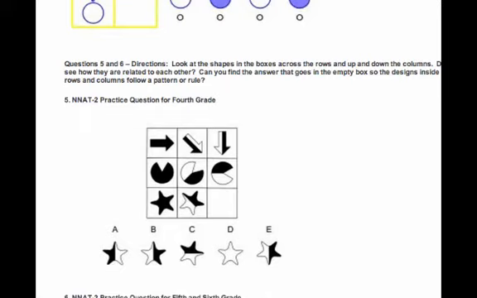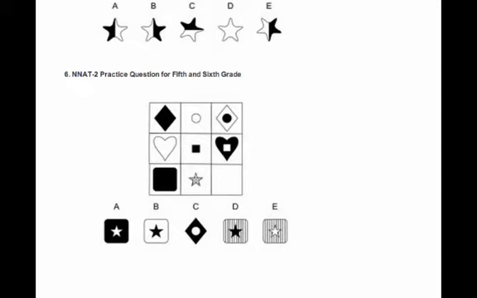And finally, the last practice question that they show us, they have to look at these, and then they look at these, and decide how they go together. So if we look at the top box, you can see that the diamond has changed colors from black to white, and then the circle is inside the diamond, and it has changed from white to black.